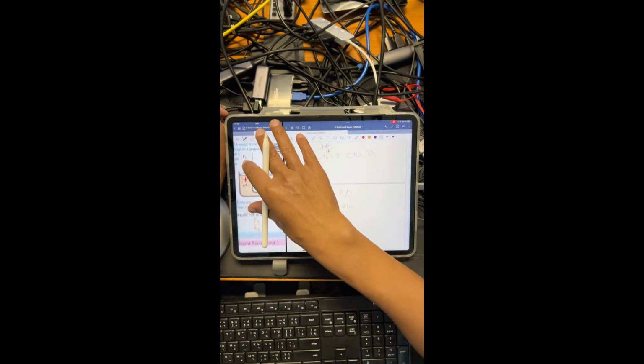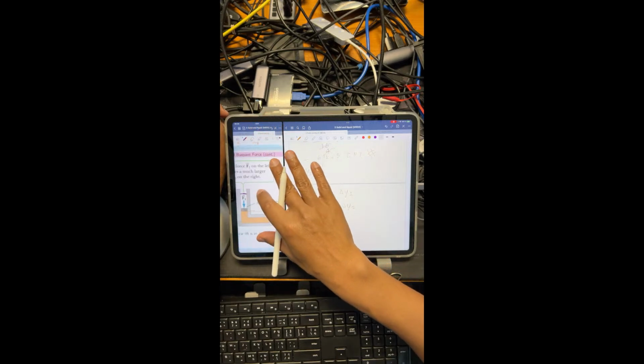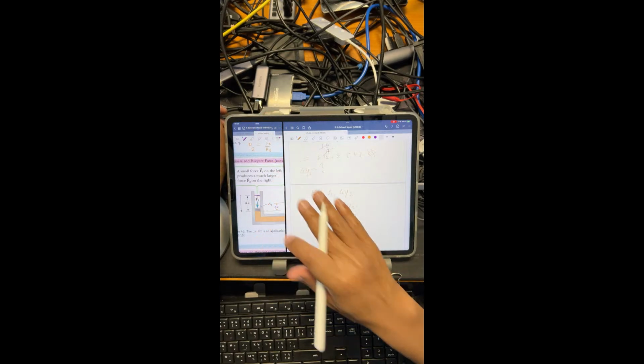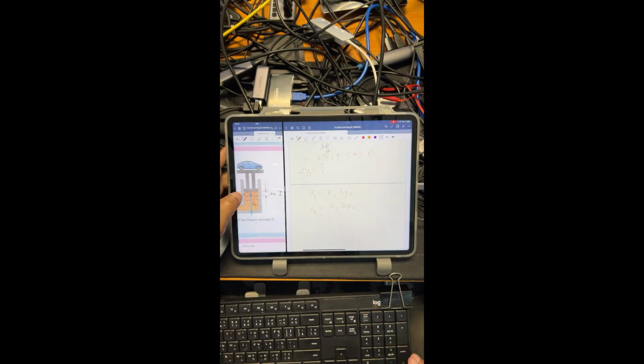Okay, if you move it like this, delta x1 and there's the x2, right? If you move the piston on the left side, it's going to go down, right? And you have delta x, the final location minus the initial location, and delta y1.